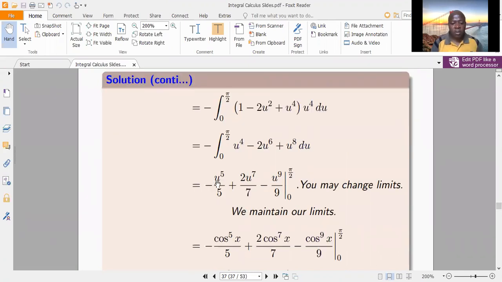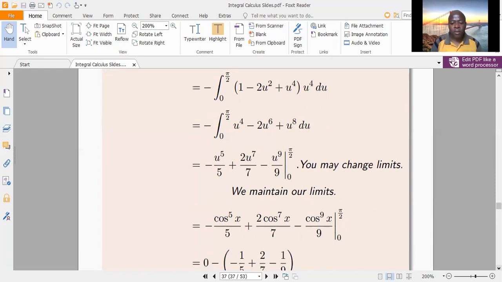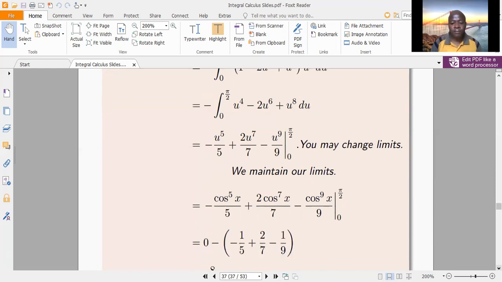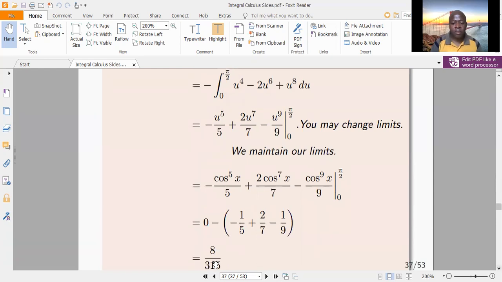So this will be cos x raised to 5 out of 5, there's a negative there, this will be 2 cos x raised to 7 out of 7, and this will be negative cos x raised to 9 out of 9, and then from 0 to pi over 2. So when you put in your limits, you get 8 out of 315.